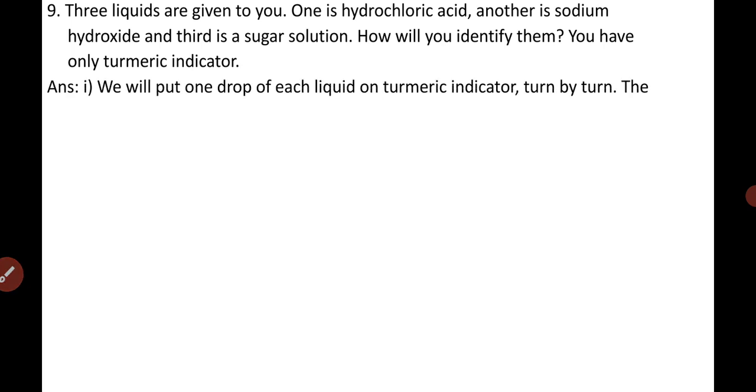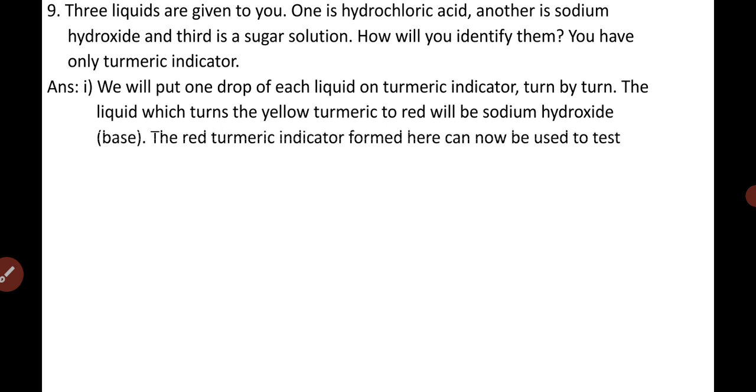So here is the answer. The first point: we will put one drop of each liquid on turmeric indicator turn by turn. First of all, put hydrochloric acid, then sodium hydroxide, and lastly sugar solution, turn by turn.